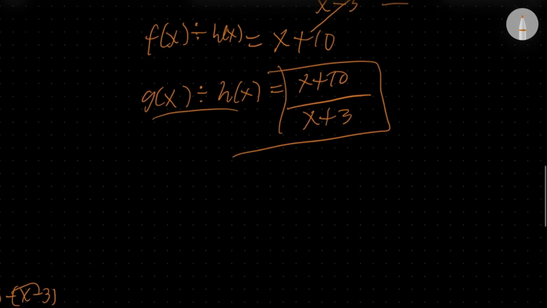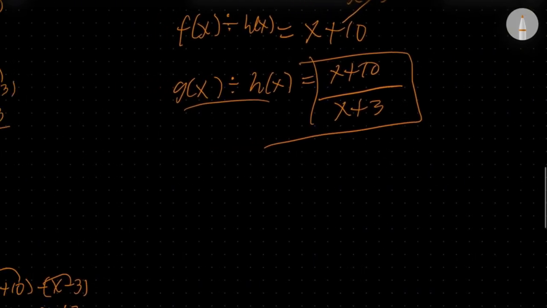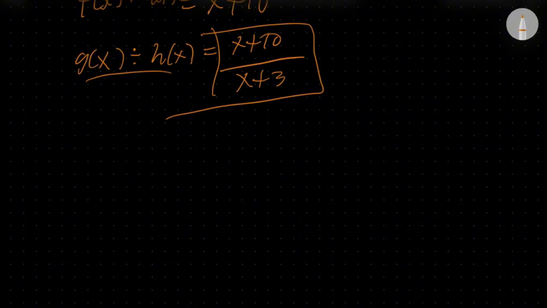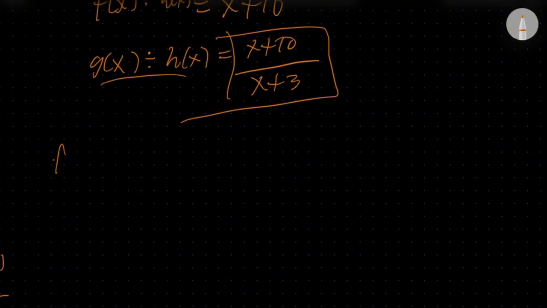Now let's proceed to the last item, which is f of x divided by g of x divided by h of x.